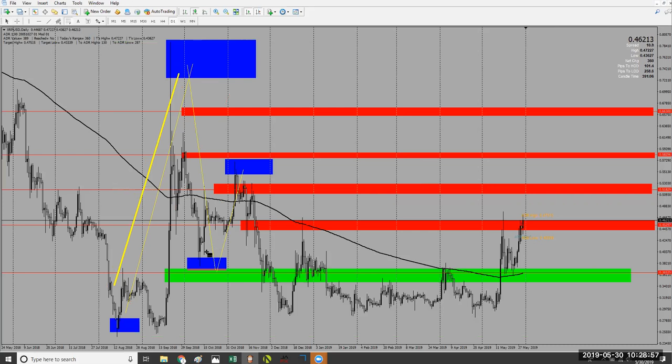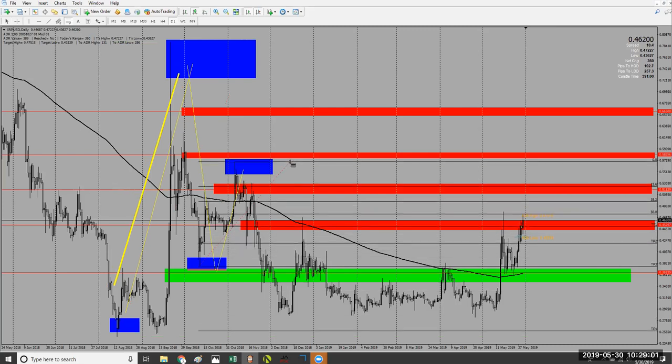And as you find these peak to peaks all across the 200 moving average, you simply just use your Fibonacci to measure those distances.